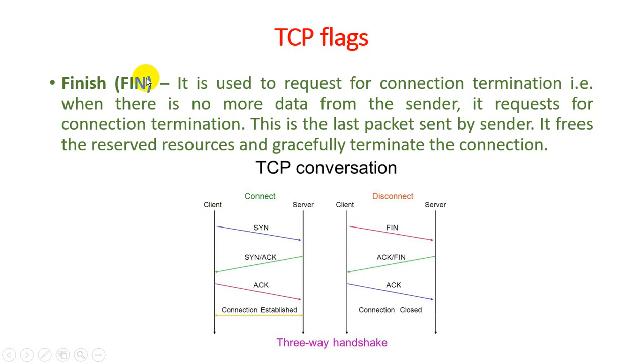For that we can understand the FIN flags. The client side transmits a FIN bit or FIN flag to the server. If the server responds with an acknowledgement with the FIN flag, then the client sends an acknowledgement to the server, and after the 3 messages are successfully transmitted, the connection is closed.